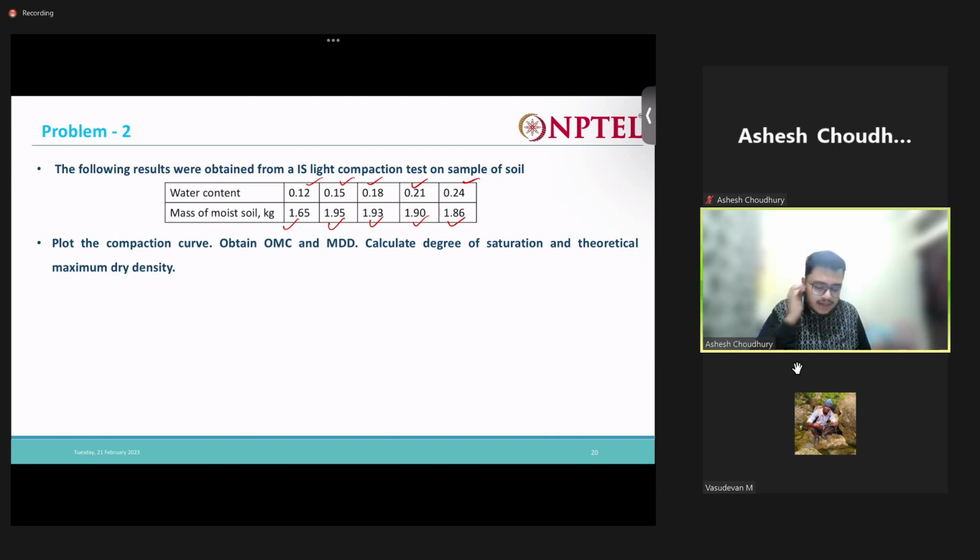Also, we need to calculate the degree of saturation and theoretical maximum dry density. So let us do it step by step. First we have the water content. Let us write 0.12. This is the moist mass.